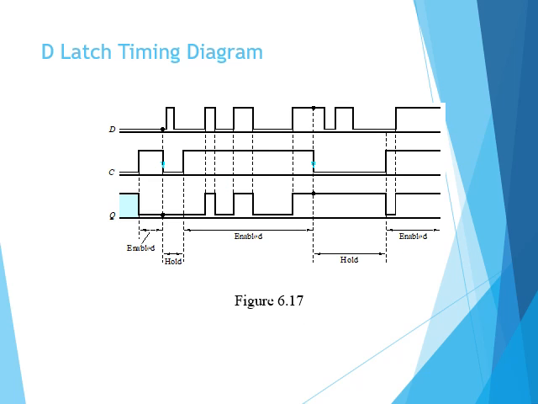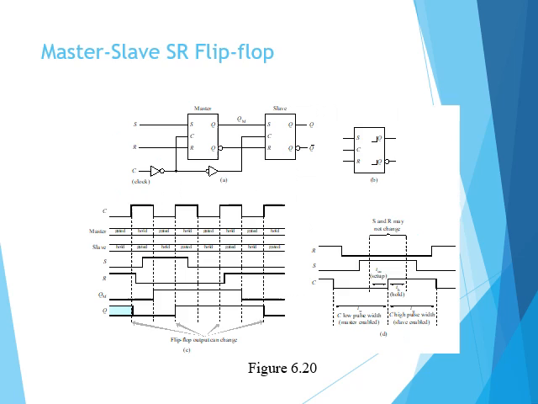Then the timing diagram of the D latch is shown here. From the truth table, when 0 is present and the clock is enabled, we see how the output changes according to the expression. We substitute the values of each input into the final expression and find the timing diagram.